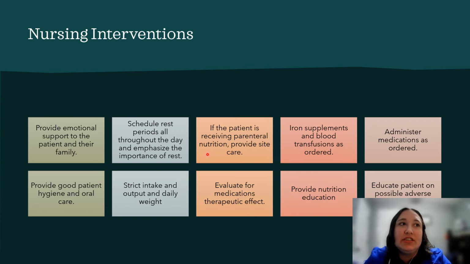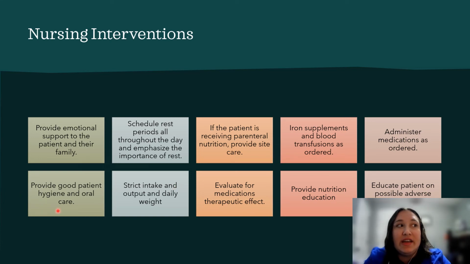If the patient is receiving parenteral nutrition, you need to provide the site care. You need to administer iron supplements and blood transfusions if they're ordered, and administer the medication as it's ordered.